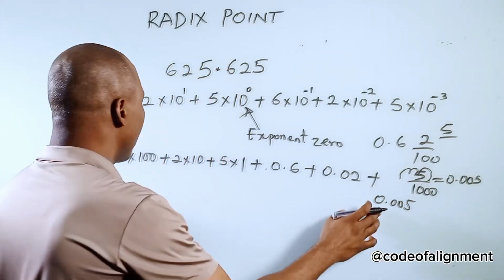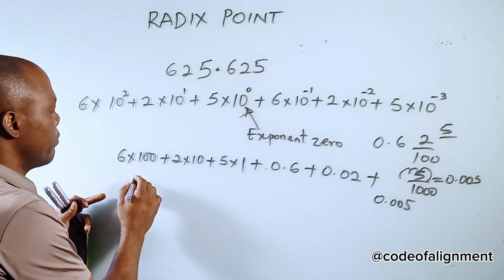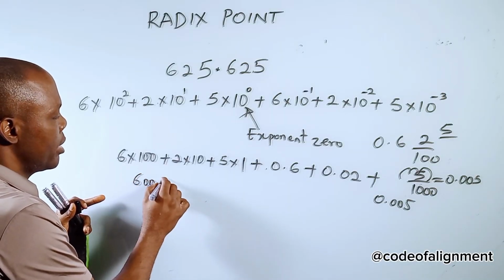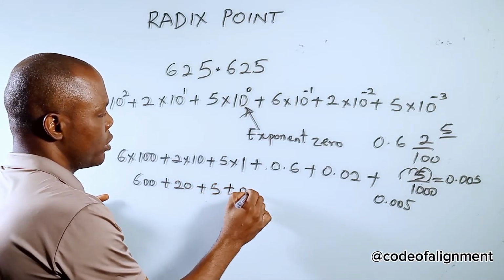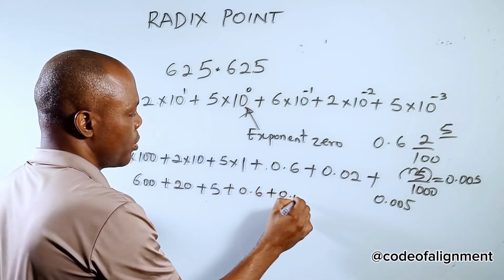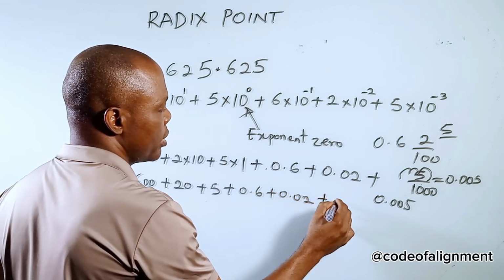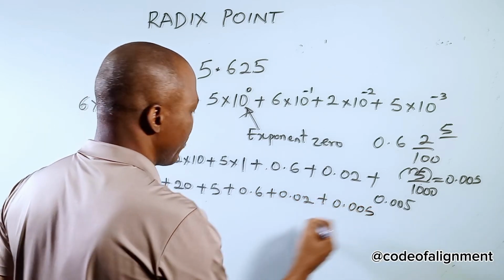Now, if you add all of them together, this will give us 600 plus 20 plus 5 plus 0.6 plus 0.02 plus 0.005.